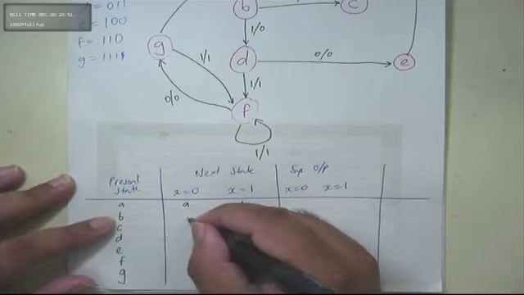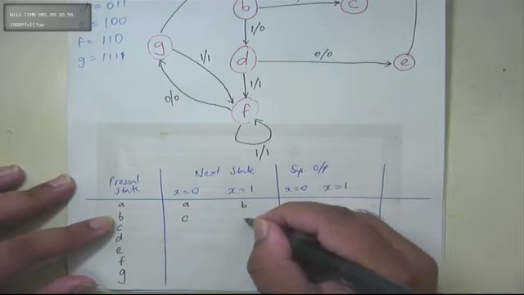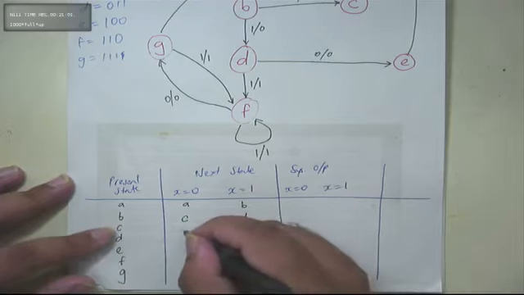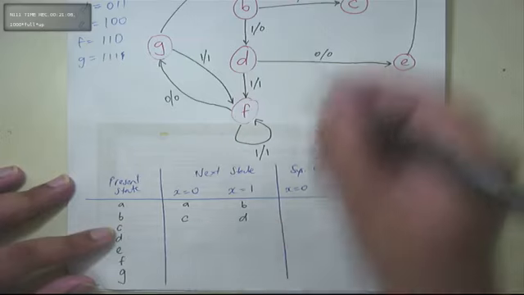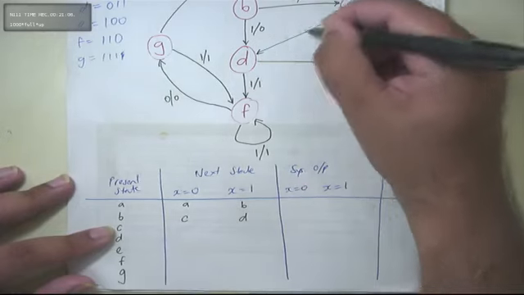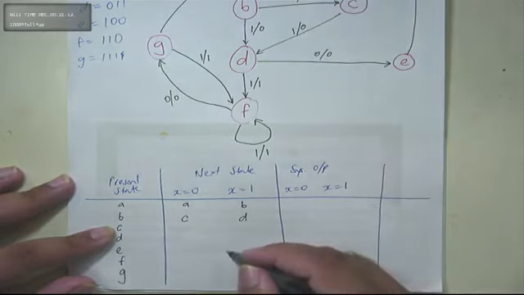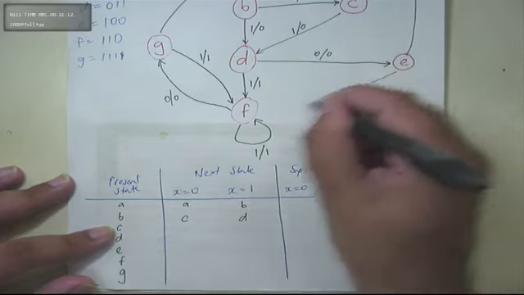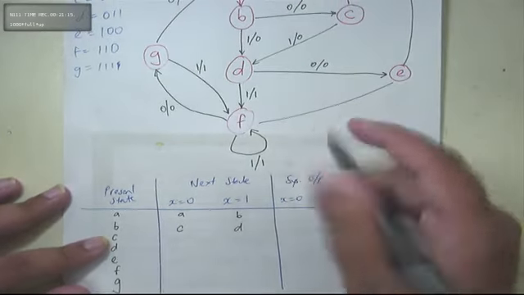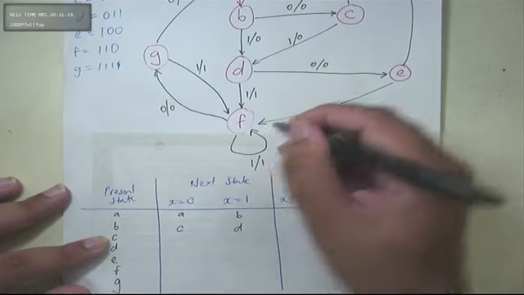Help me out over here. B will move to C, and if X is 1, D. C, if X is 0, oh guys, I forgot one thing over here. Should be a 1. And there's supposed to be 1 line over here as well.